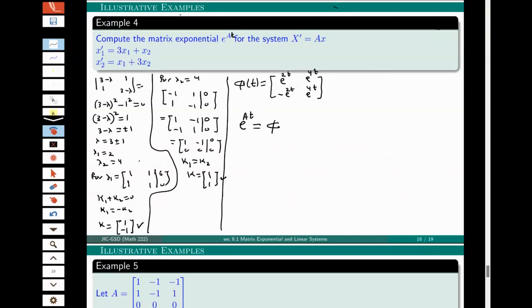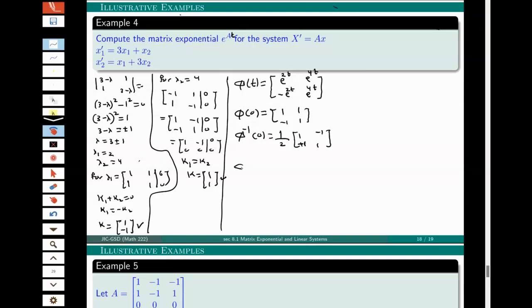e to the power At is phi of t times, we need the inverse first. So what's phi at 0? It will be 1 1 minus 1 1. So the inverse at 0 is 1 over the determinant, which is 1 minus minus 1, which is 2. We swap these and change the sign of that one.